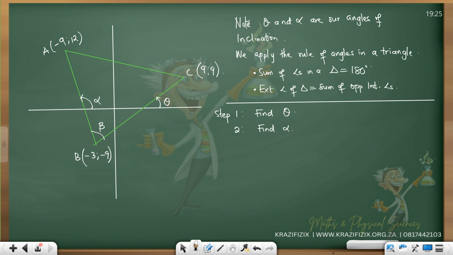Then I pressed shift, tan, the tan inverse of -7/2, and it gives me -74.05. Is it possible to have a negative angle? Please quickly look at the example we just did, example 6b, when we got a negative gradient.